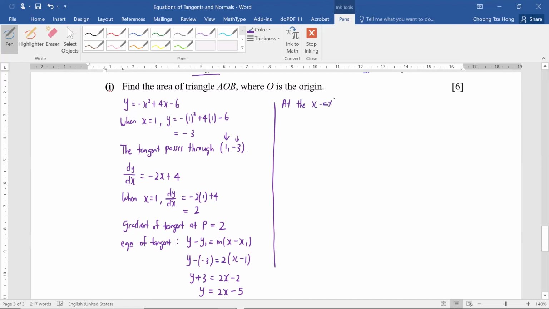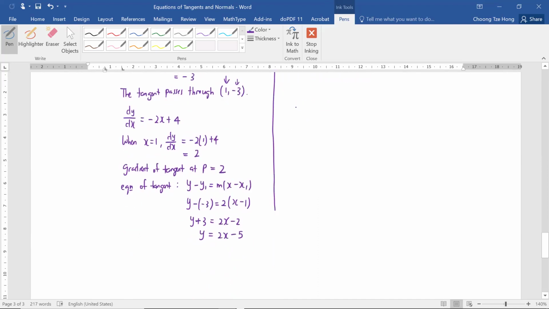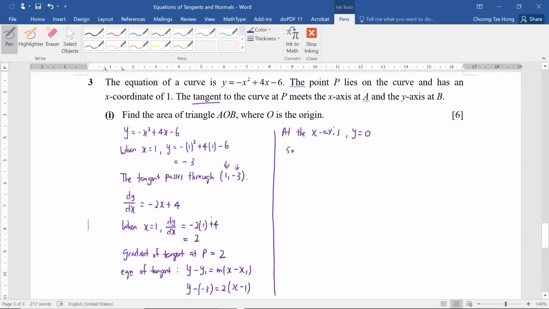The equation of the tangent is y equals 2x minus 5, so we put 2x minus 5 equals 0. So x will be 5 over 2. So the point A will be (5 over 2, 0).